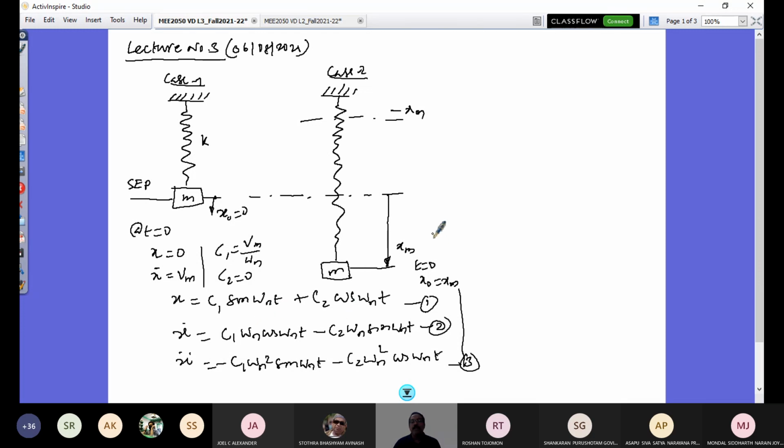So C2, in this case, is xm. And at t equal to 0, V naught is 0. So in the second equation, if I substitute that, I have C1 equal to 0. So I can also have the second case to start its simple harmonic motion.